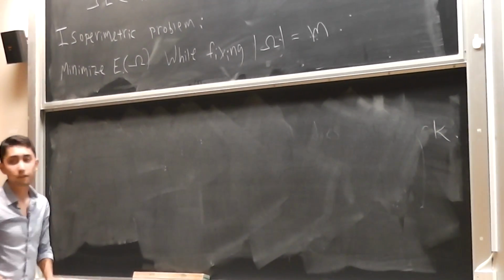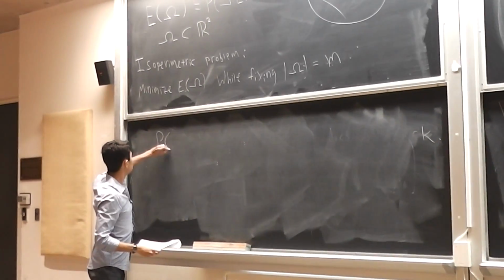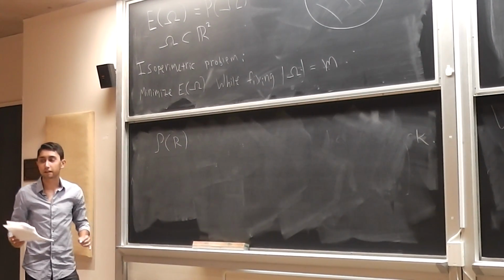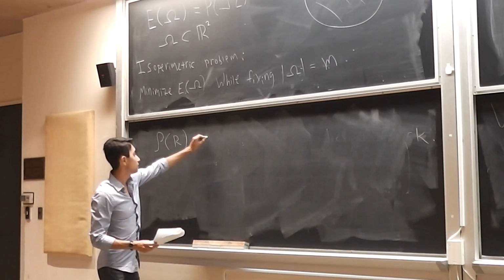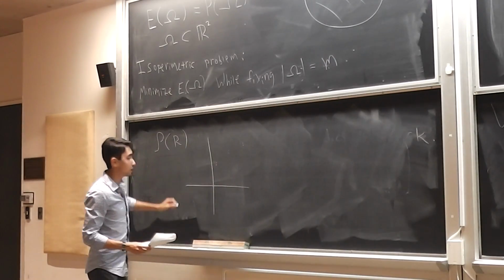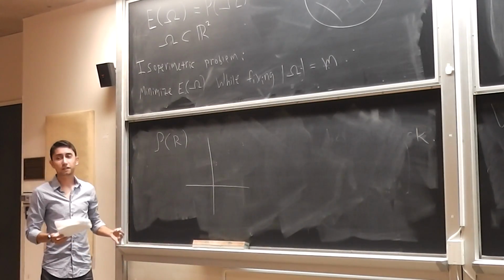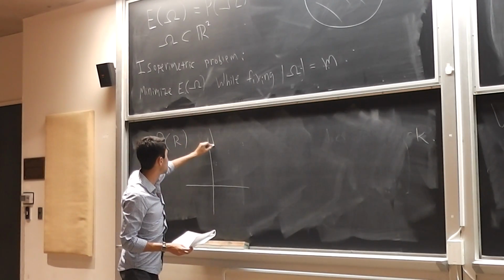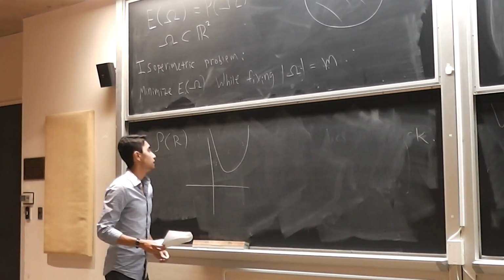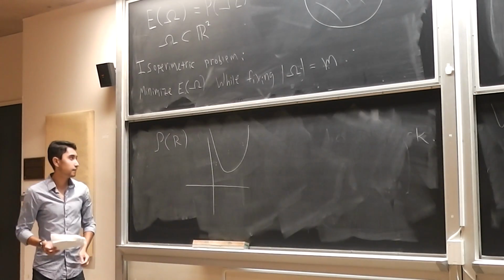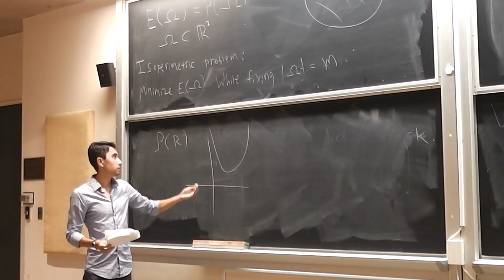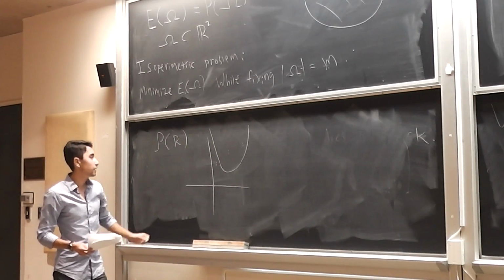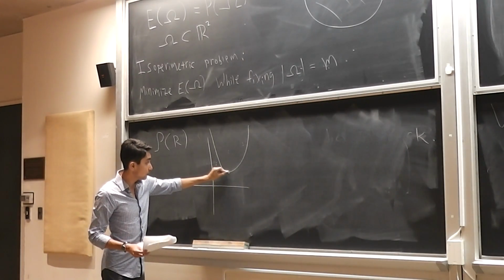Okay, so we have this function rho of r, which is just the energy of a ball of radius r divided by its area. It involves gamma functions and stuff, but we can just put that in Maple and we get a plot that looks kind of like this. I think it's convex, its second derivative is positive, and it has a minimum here.